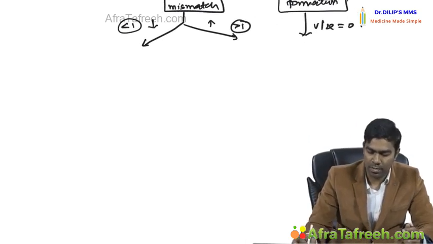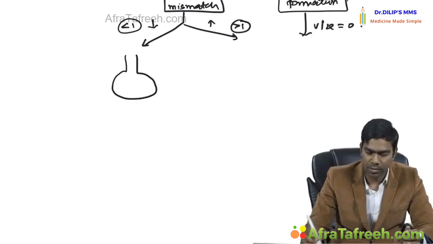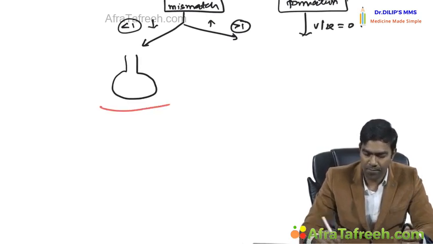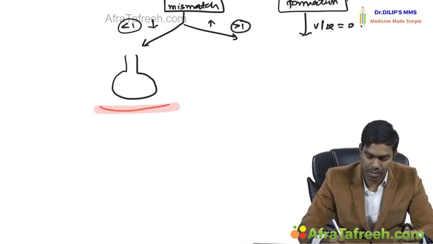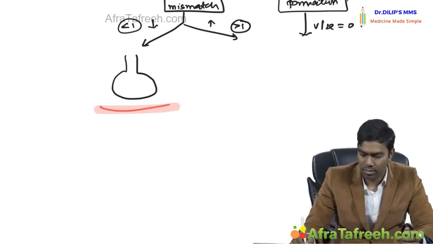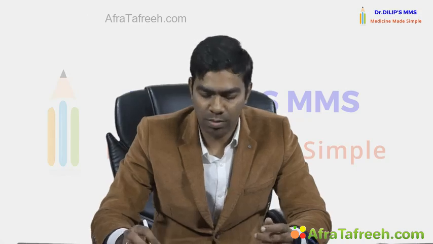What are the mechanisms? Let us put the alveoli, the capillaries over here, and let us put the base membrane. Now, what is this classic type 1 respiratory failure due to decreased VQ ratio or VQ mismatch?